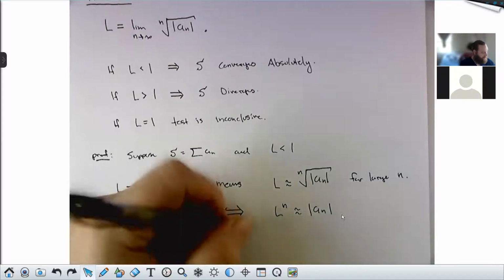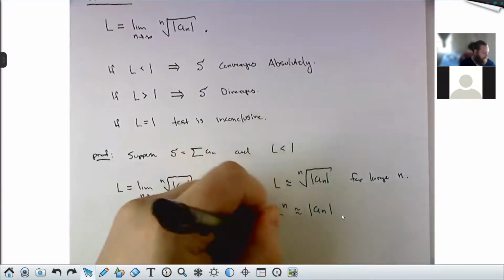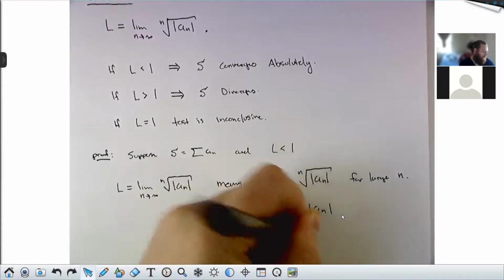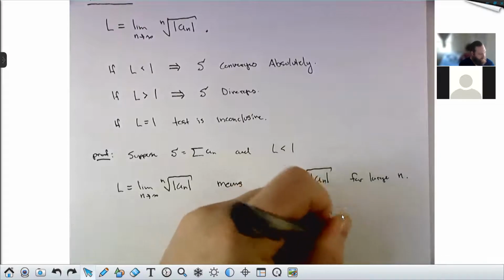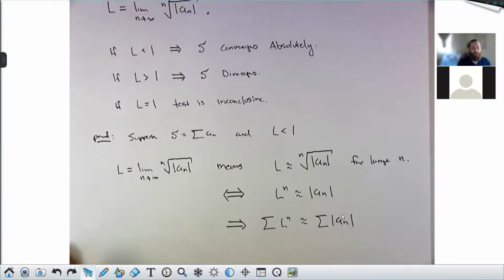And if you then sum, you get that sigma L to the n is approximately sigma absolute value of an. On the right-hand side, you have sigma absolute value an.